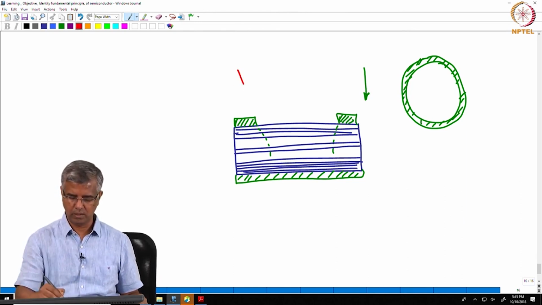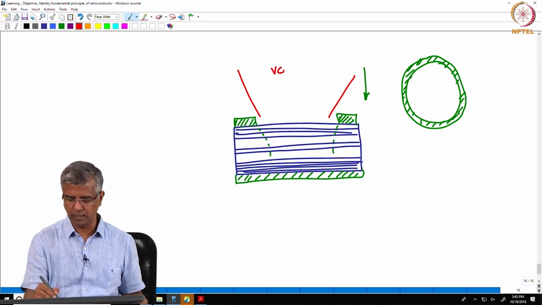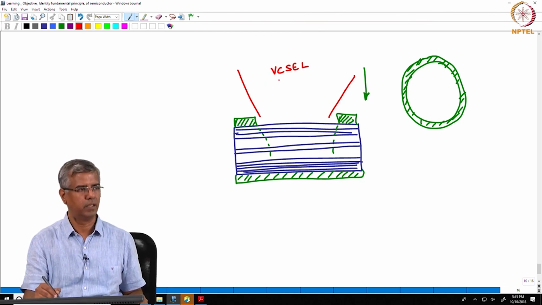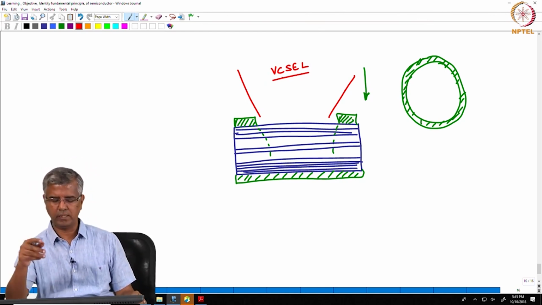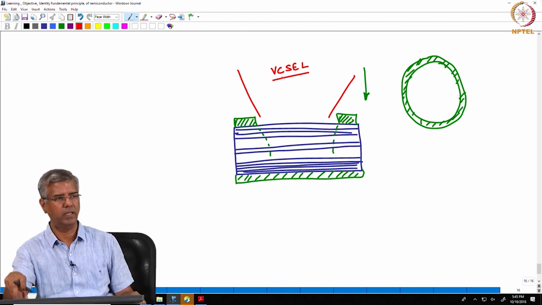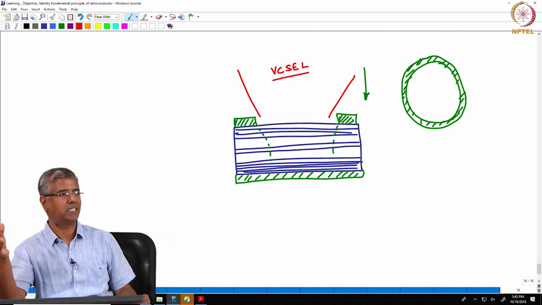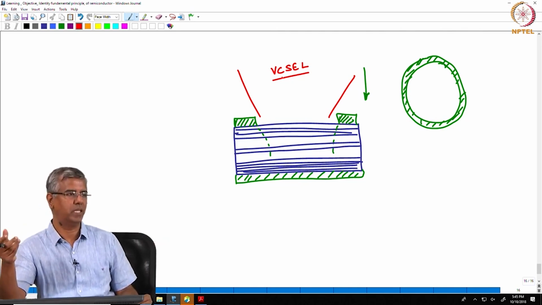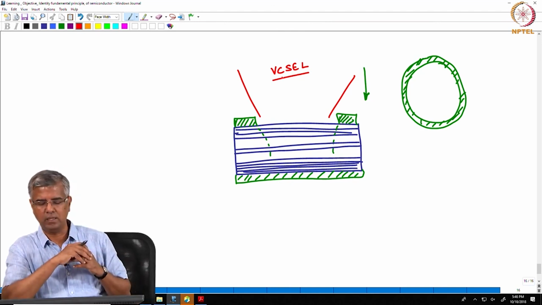So, you have light emission happening over here. So, this is called a vertical cavity surface emitting laser, VCSEL. Okay. So, VCSELs, like I said yesterday, the beam quality is defined by the ring structure. So, you can actually get a nice circular beam as opposed to the astigmatic beam that you are getting from edge emitting lasers. With VCSELs, you get circular beams.